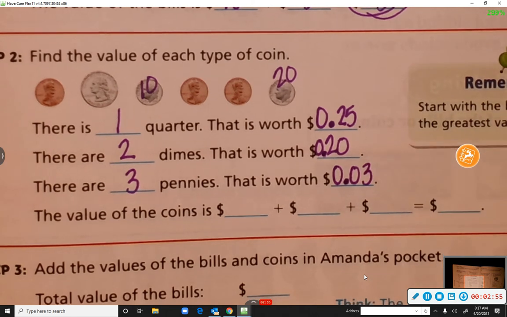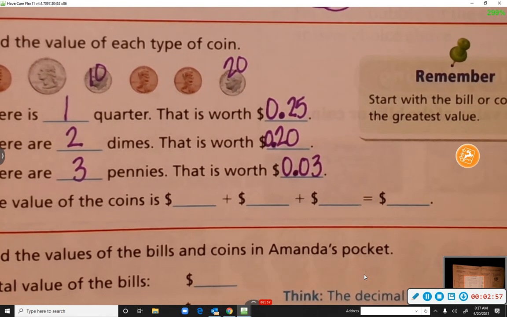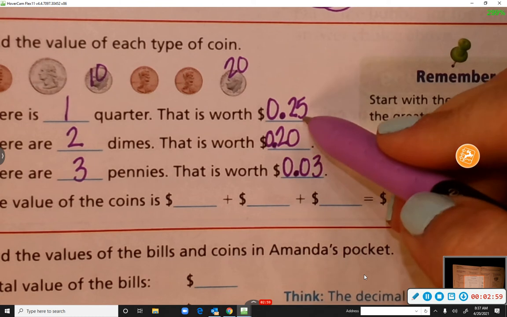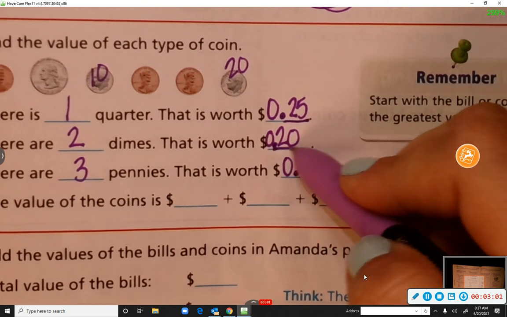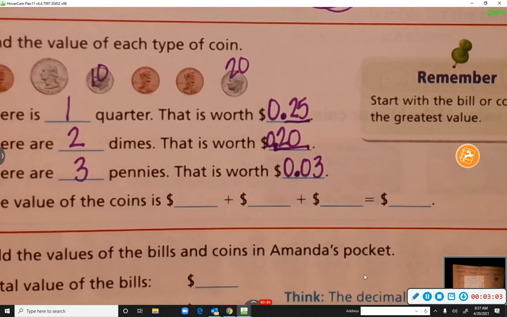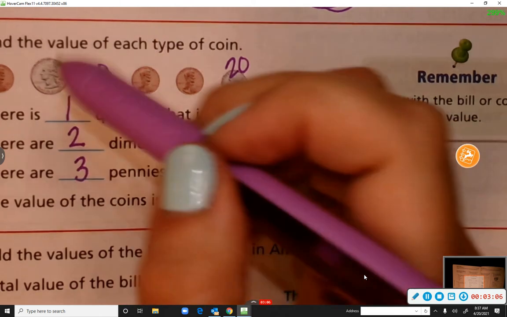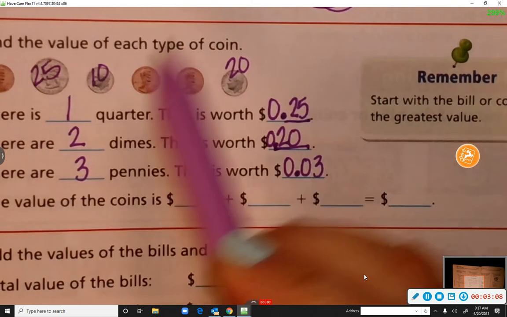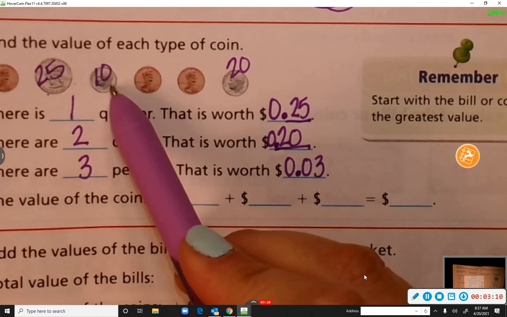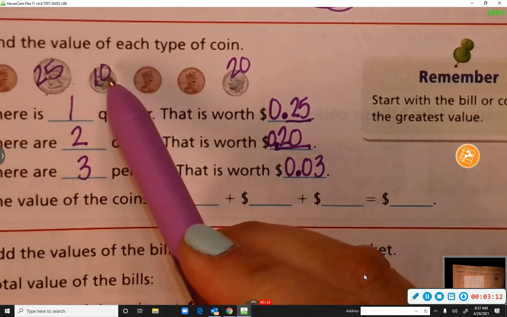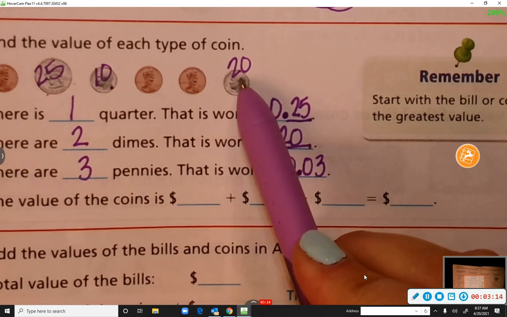Okay, so now we're going to add up the value of these coins. So I have 25 plus 20. Okay, so let's do that in our head. Let's skip count. If I have 25 and then I add a 10 to that, what would that equal? 35, plus another 10, 45.